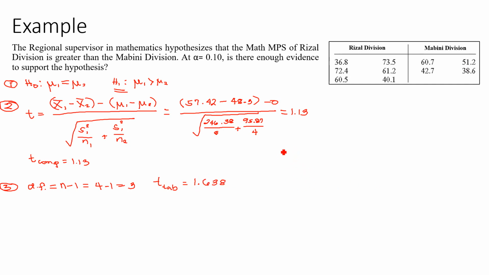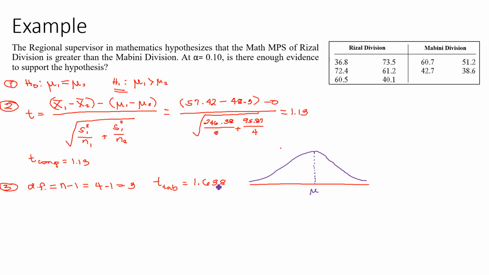So if we are going to draw that in our normal curve, the curve here is not the same as the curve in the f-test, because in the f-test they are positively skewed. Here, it should be normally distributed. So assuming that this is the graph of the normal distribution, and of course this is our mean. Now, the tabular value is 1.638.